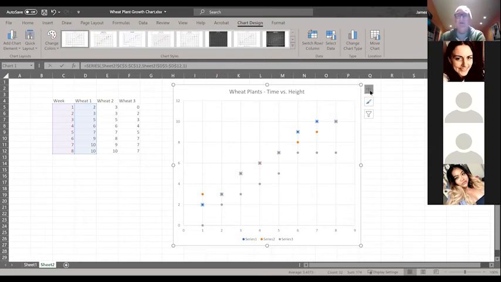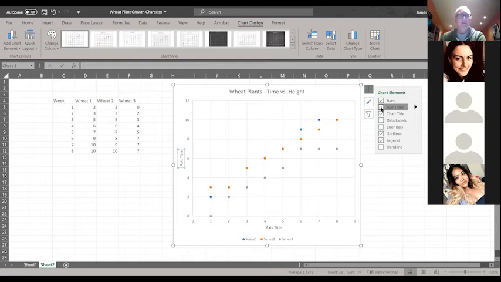I click on this plus sign and it asks, what do you want to add to the plot? Well, I want to add axis titles. You always want to label your axes. I also want a trend line, some sort of line that connects all those points and tells me what the trend is. Is it linear?